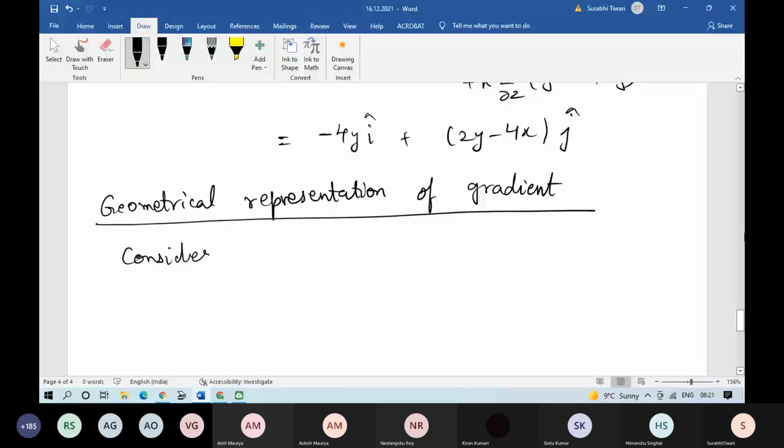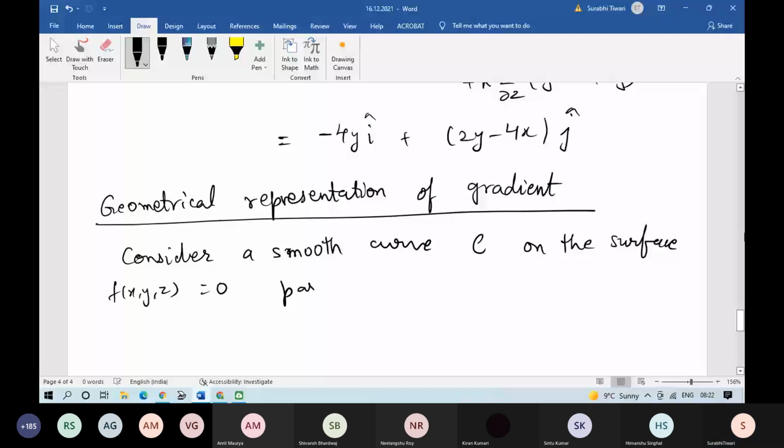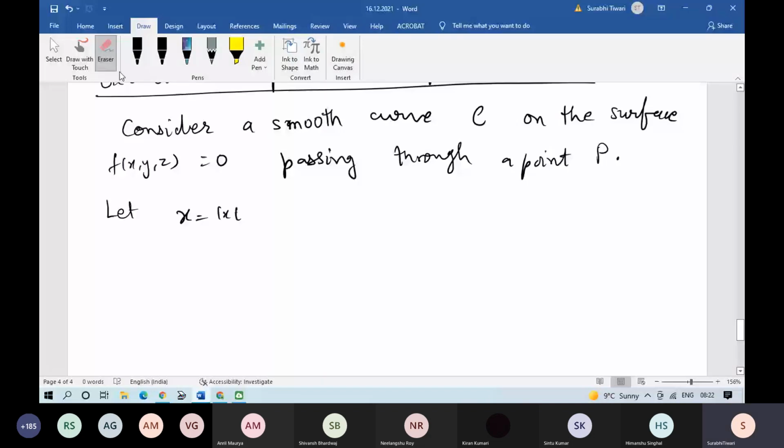Consider a smooth curve C on the surface f(x, y, z) = 0, passing through a point P. Let x be a function of t, y a function of t, and z also a function of t. This we are assuming.